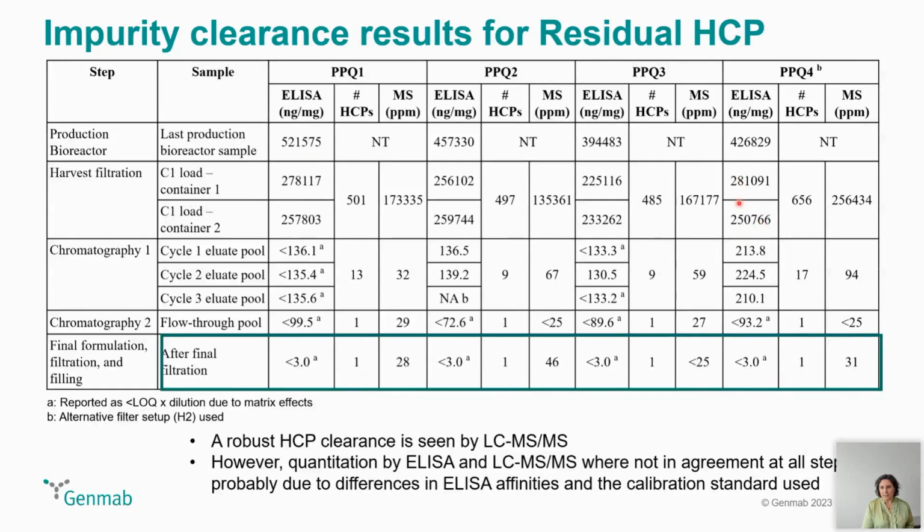We can also see that in PPQ4 we had a higher number, both in ELISA ppm and LC-MS ppm, and number of HCPs, as expected.